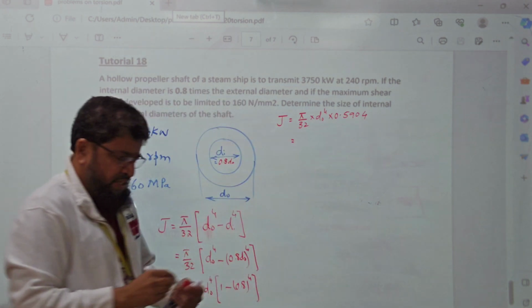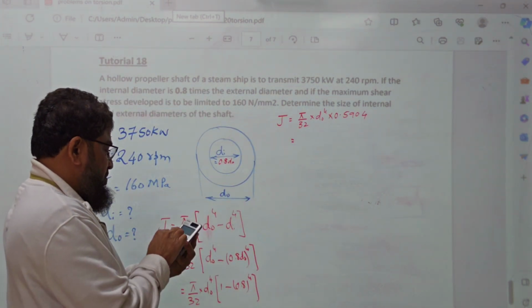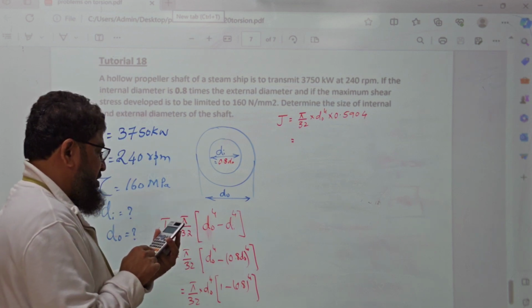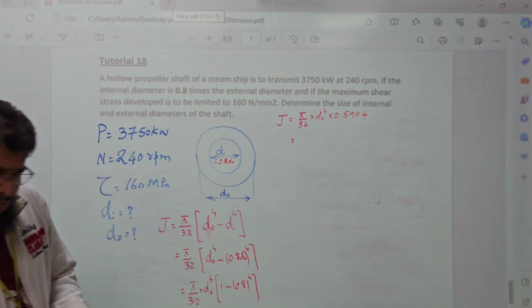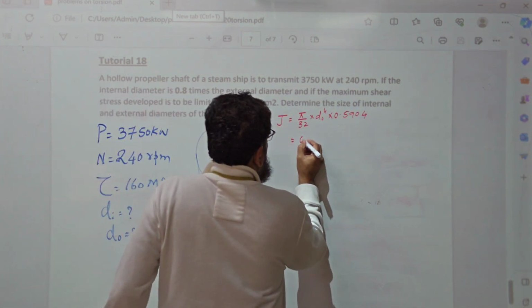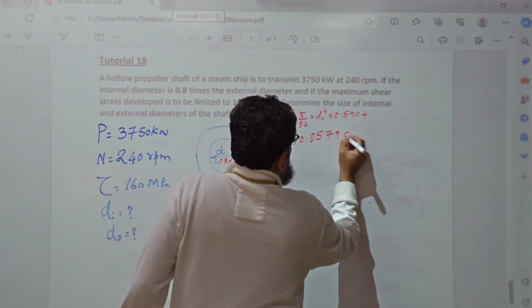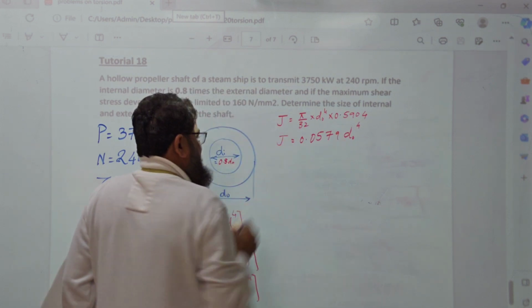Let me just calculate these things. Multiplied by pi divided by 32, this gives me 0.0579. It's a long term. I will only have this one, 0.0579 D naught to the power of 4. This is your J.